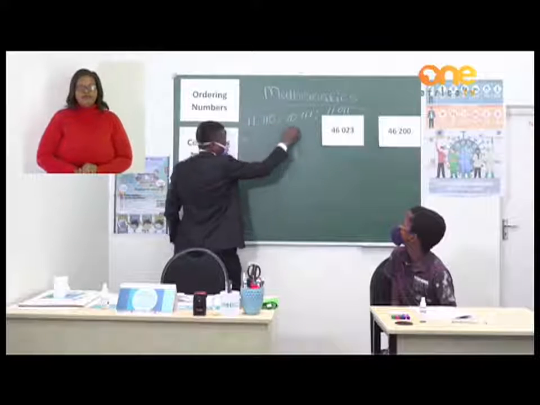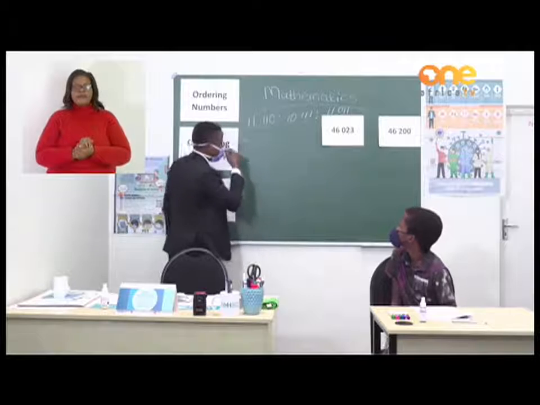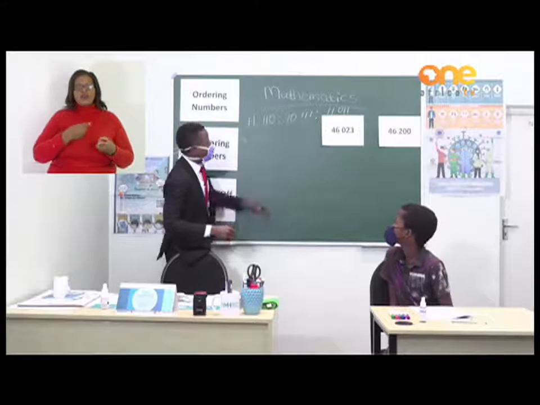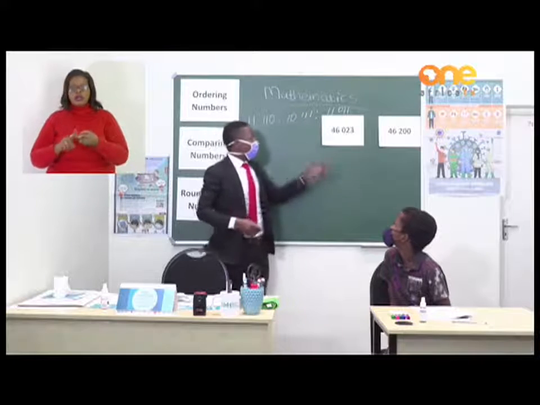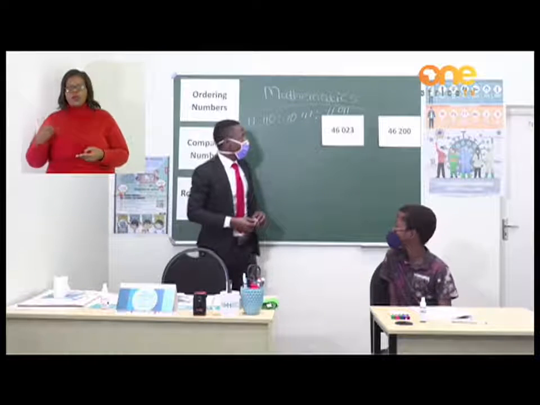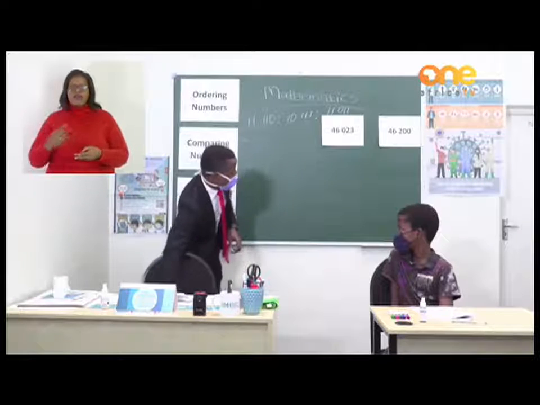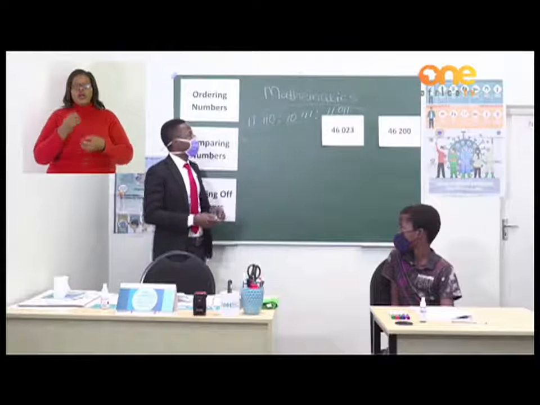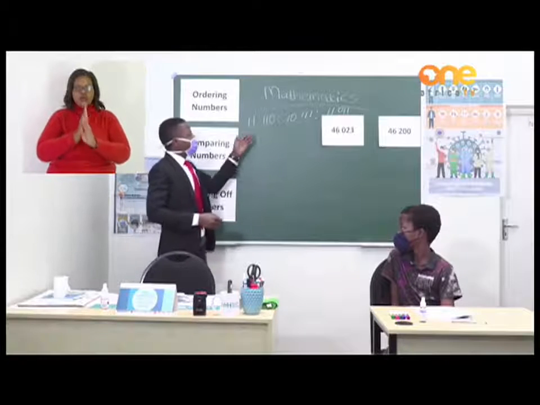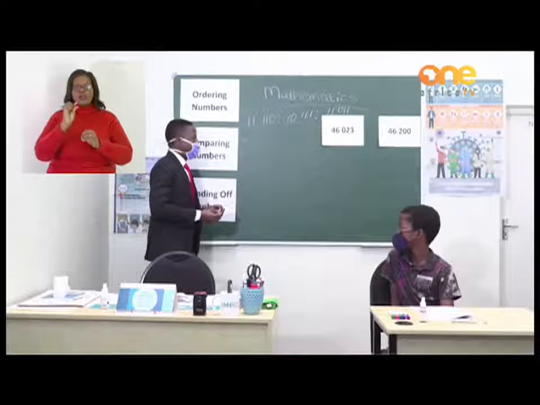I'm having 3 numbers. The first one is 11,110. The second one will be 10,111, and the third one is 11,011. So to put these numbers in order, you need to know which number is the smallest and then which number is the largest.